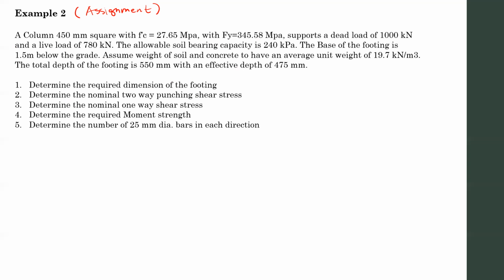Okay. So sagutan ko na lang siguro muna yung number 1. So hindi pa natin to na-discuss yung number 1. Okay, yung number 1, determine the required dimension of the footing. If you recall yung discussion natin nung una, required dimension.